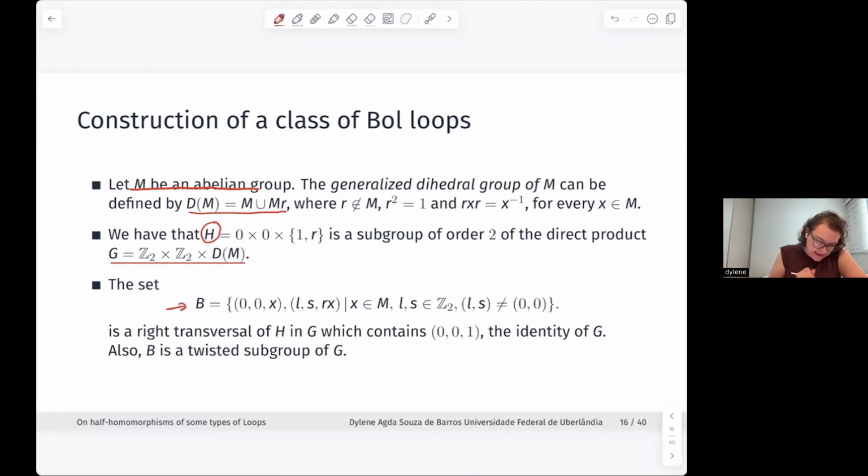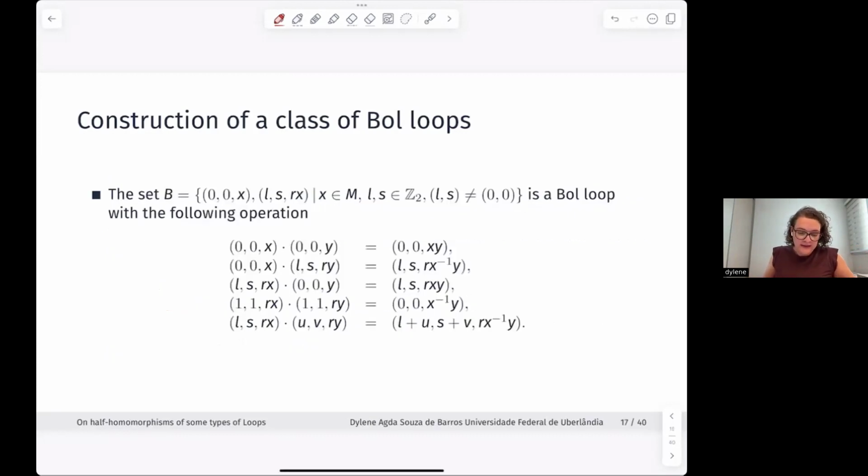So this set B is a right transversal of H in G, contains the unit, and is a twisted subgroup of G. According to the proposition that I just displayed, this set is a right Bol loop with the following operation. It's kind of confusing because of this notation, but it's not difficult. But we can drop all these R and use a simpler isomorphic construction.